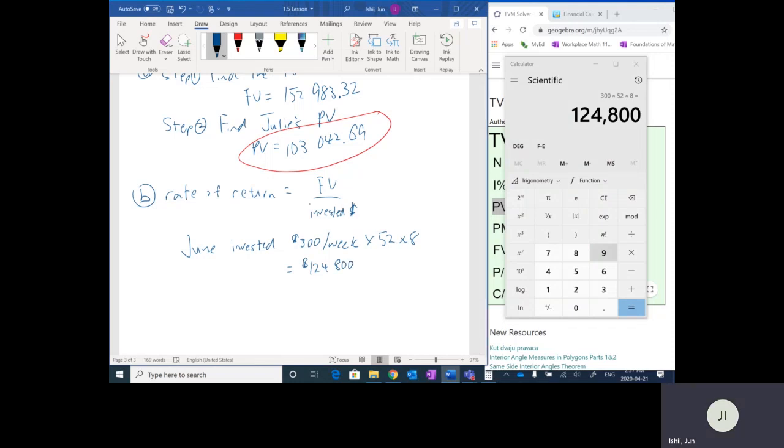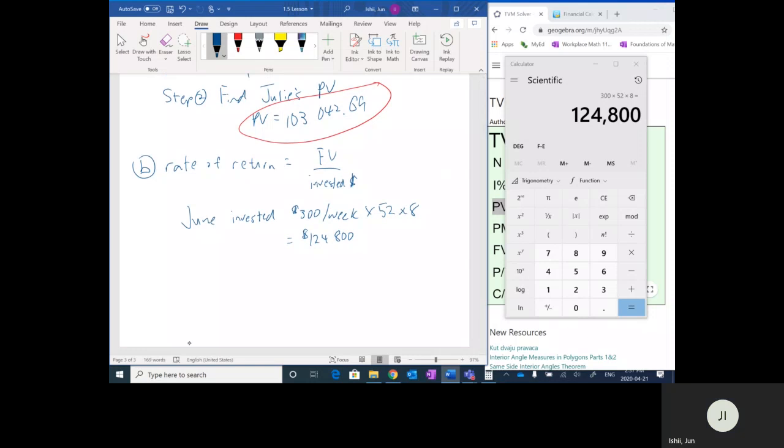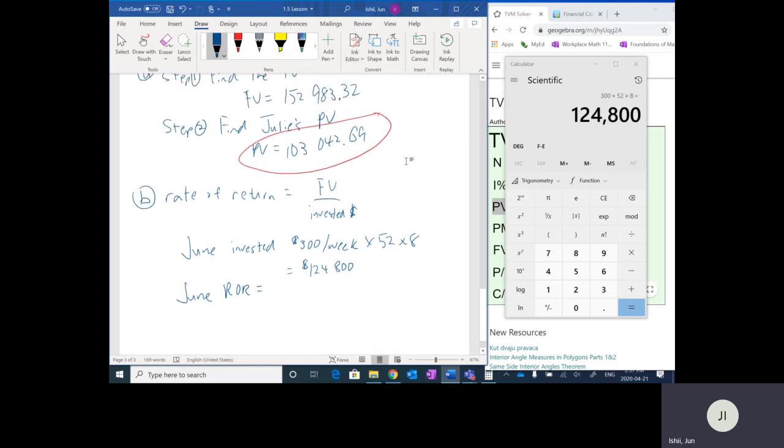So to get her rate of return, June's ROR, I'm going to take the final value, which is 152,983.32, and divide it by 124,800. Sorry, that's pretty messy writing.